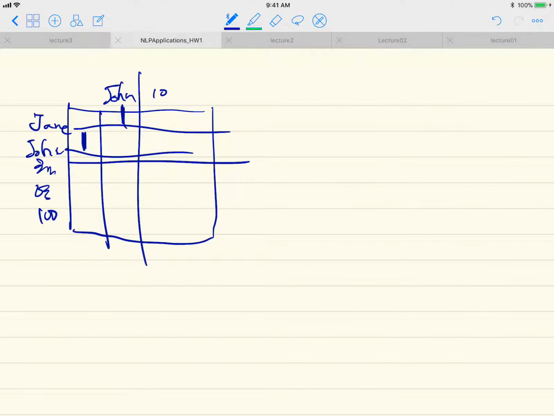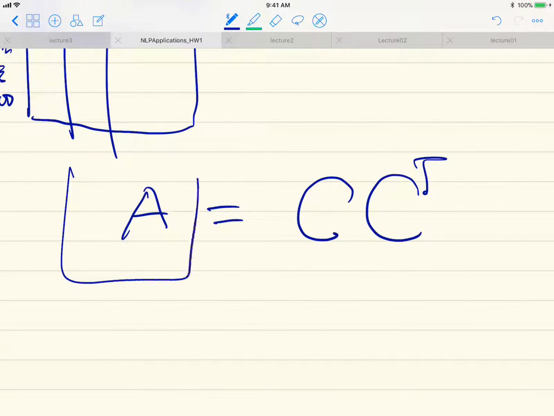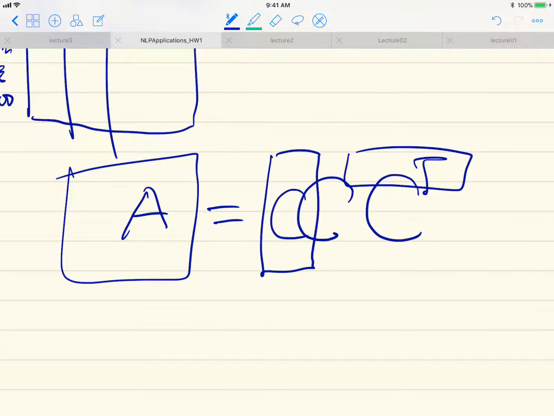So in that case, since this matrix is symmetric, if you have heard about matrix decompositions like the Cholesky decomposition, it is like decomposing the matrix A, when A is a symmetric positive definite matrix, and we can always decompose the matrix A, which is 100 by 100, as the low-rank version of these two matrices, C and C transpose.